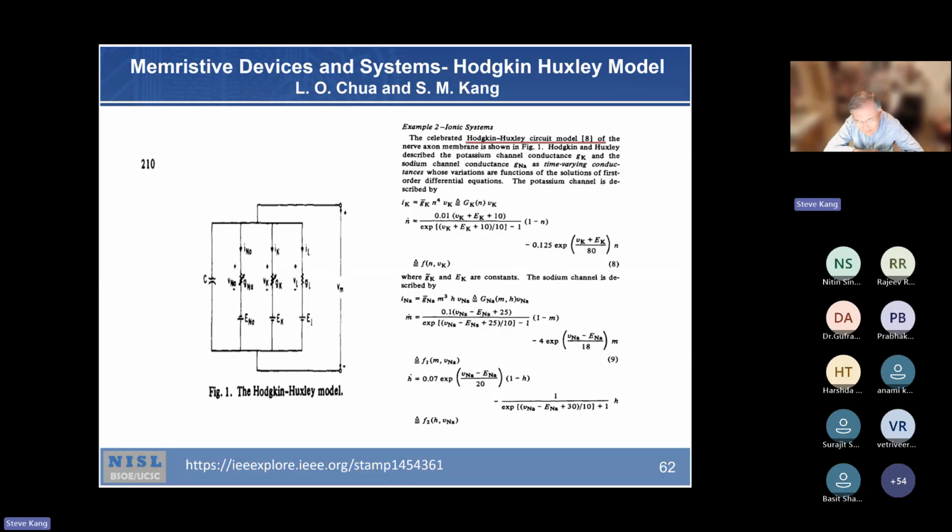Recently, Professor Chua, Professor Alon Ascoli, and Professor Fernando Corinto at Torino have been doing what is called the edge of chaos theory using this Hodgkin-Huxley model in the region where the IV curve has a negative slope.